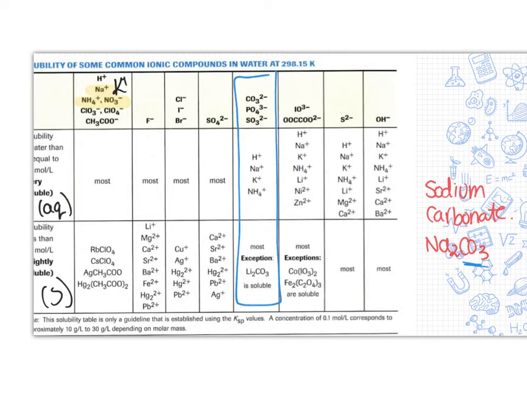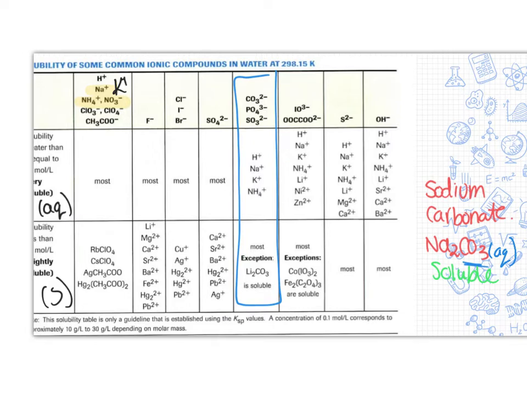And it says here that these ions are soluble with these anions. So if they were mixed with hydrogen, sodium, potassium, or ammonium, they will be soluble. But pretty much everything else is insoluble. There is an exception. If we had lithium carbonate, it would be soluble. So sodium carbonate is soluble, and we would give it a state of AQ.